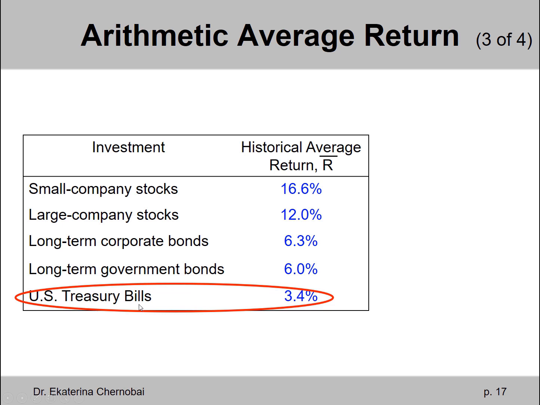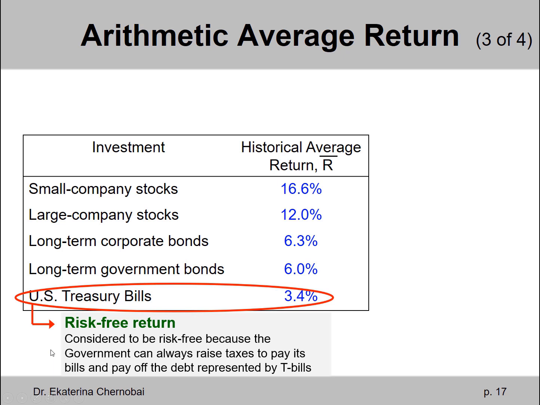Let's talk more about the U.S. Treasury bills, the 3.4% sort of lowest return you could earn on your money invested into financial markets. This is known as the risk-free return. Risk-free means that you invest your money and you're absolutely sure that you're guaranteed that you will get your money back with the interest on top, right?